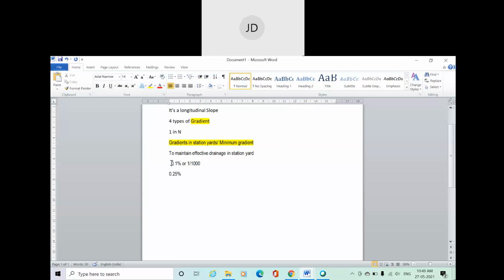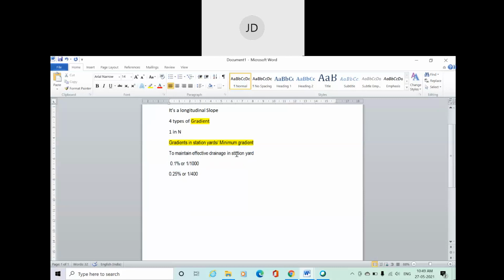So for now, this is the value. The minimum value is 0.1%, and it should not be more than 0.25%, which can be given in the ratio as 1 by 400. So this is all about the gradient at the station yard, or the minimum gradient.